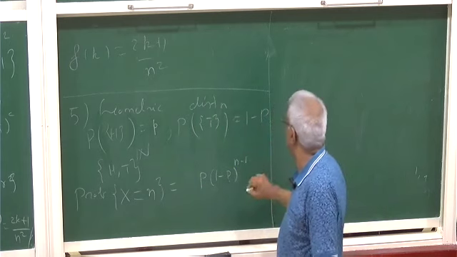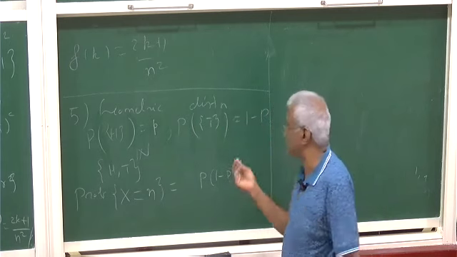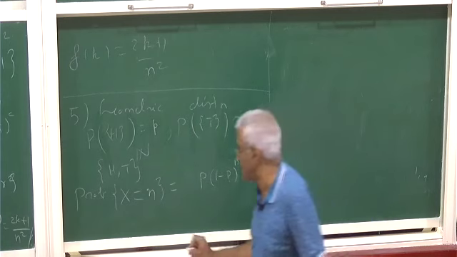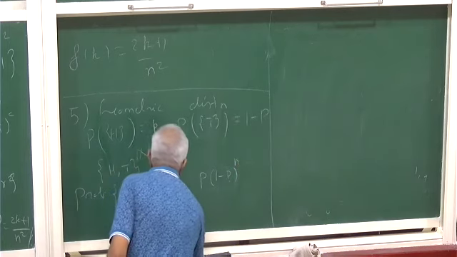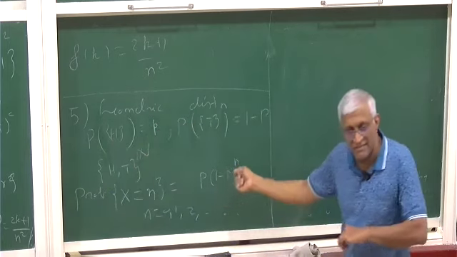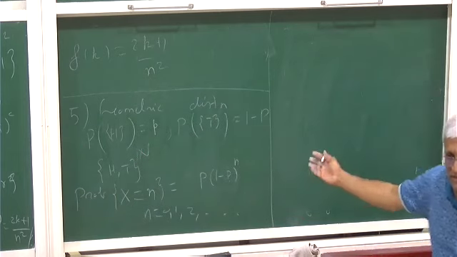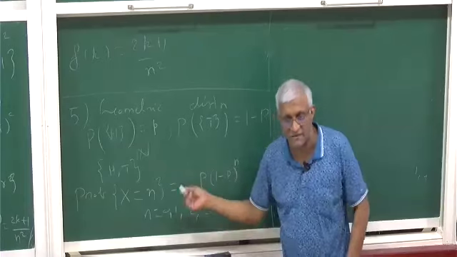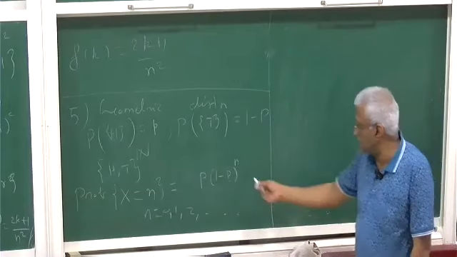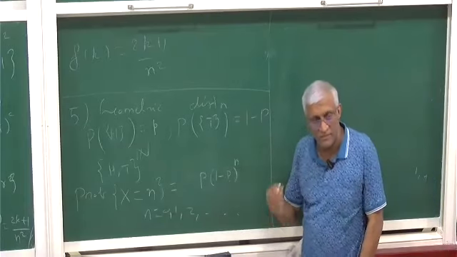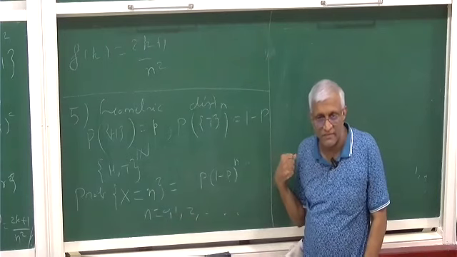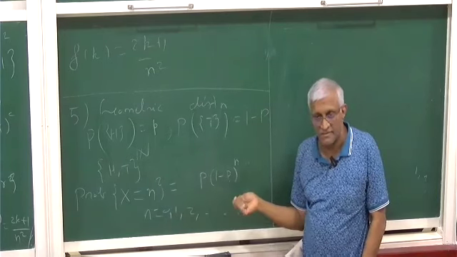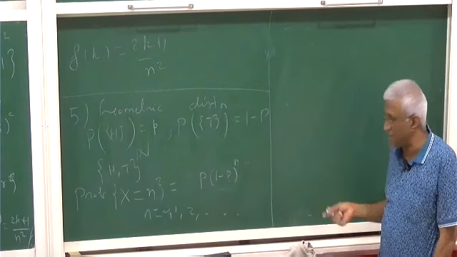But I want to start from n equal to 0, otherwise I will miss something when you do the computation. Okay, so 0 is the first toss you get a head. So 1 minus p, there are n of them. N could be 0. Okay, so this is the probability. That's all. The function is simple: p into (1 minus p) power n.